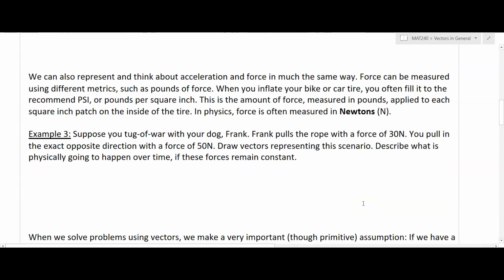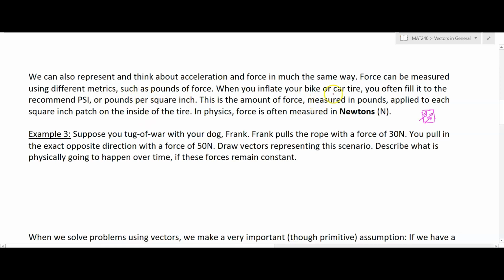And before we get into that, we can also think about acceleration and force in much the same way. Force can be measured using different metrics, such as pounds of force. So for example, when you inflate your bike or car tire, you fill it to a recommended PSI, which is pounds per square inch. And you can really think about that as if you take a square inch inside your tire, there's going to be a bunch of pressure on the wall of this tire equaling however much pressure is inside of that tire, how much you fill it to.